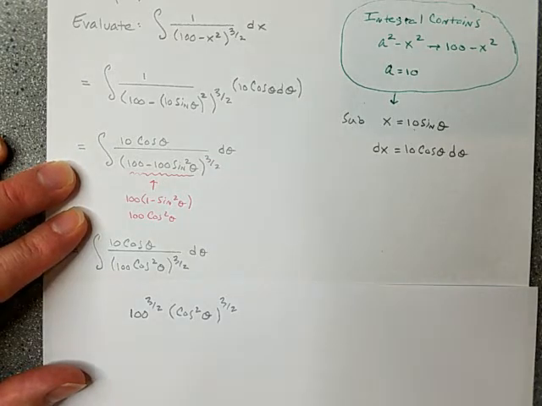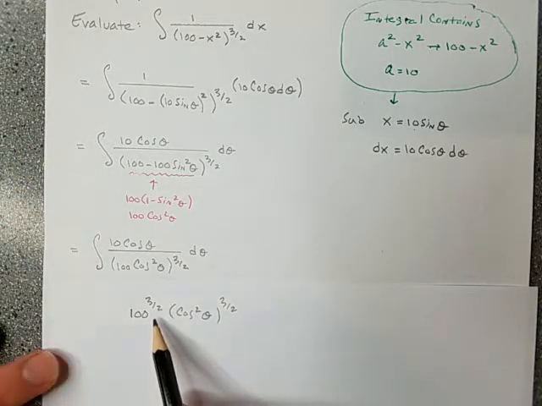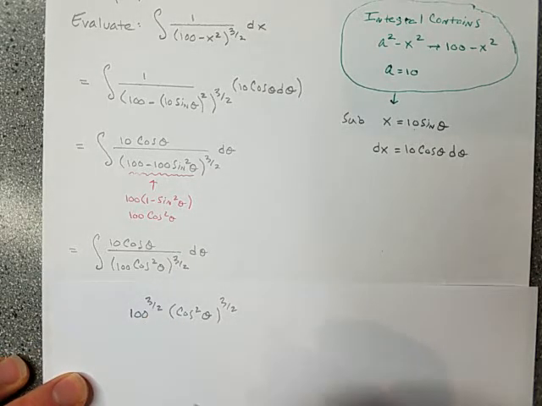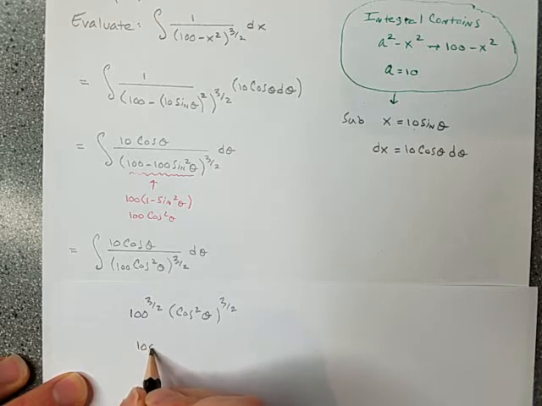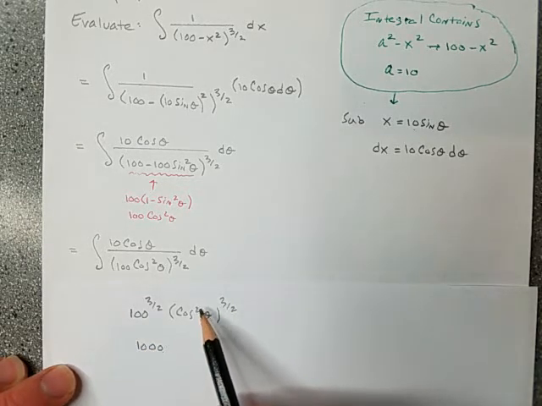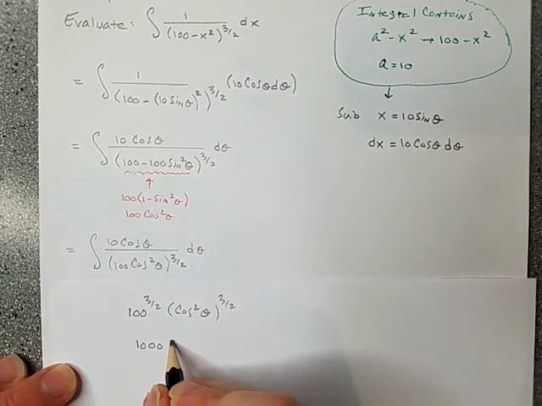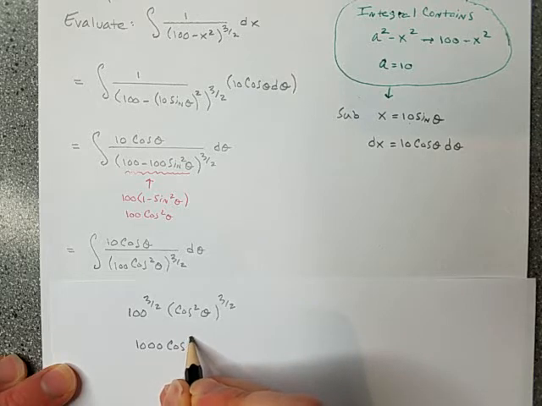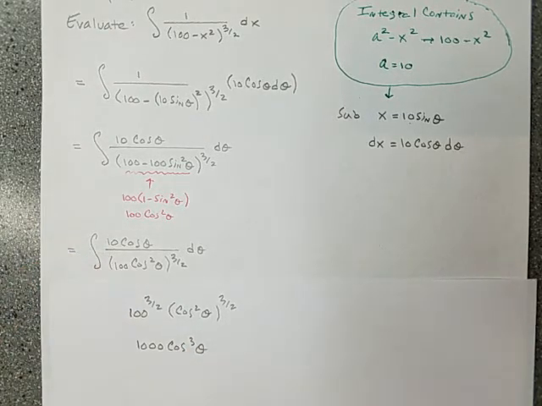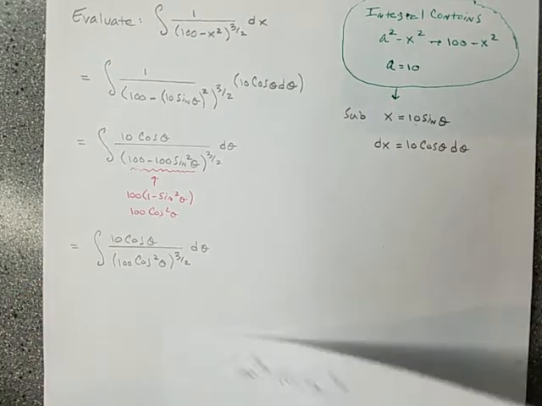All right? Now, I think most normal people do that by calculator, but the way it works is it's the square root of 100, which is 10, to the third power, which is 1,000. So I'm going to get 1,000 right there. And in this case, when we raise a power to a subsequent power, then we multiply them together. So I'm going to get cosine to the third power theta. That's what that part is going to amount to. Okay, so now I'm going to add that into my next step.